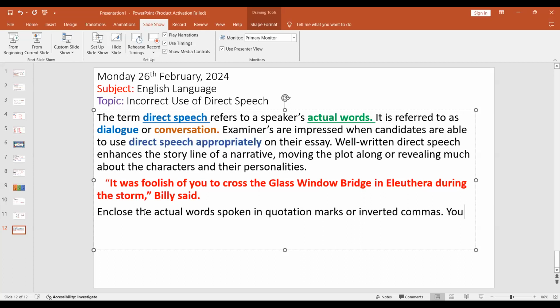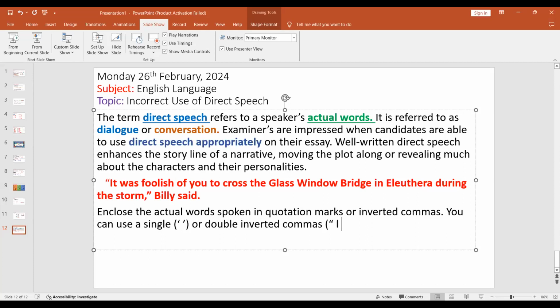You can use a single one, and the single one would be like this one, right? So that one is a single one. So you could use a single one or double inverted commas. So you could use a single one or the double one to indicate your quotation marks, right? So this one and that one, right?